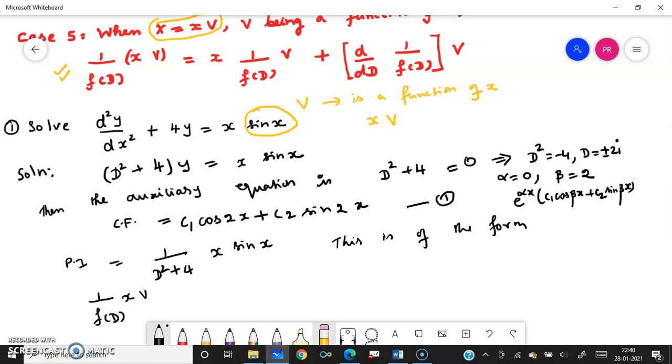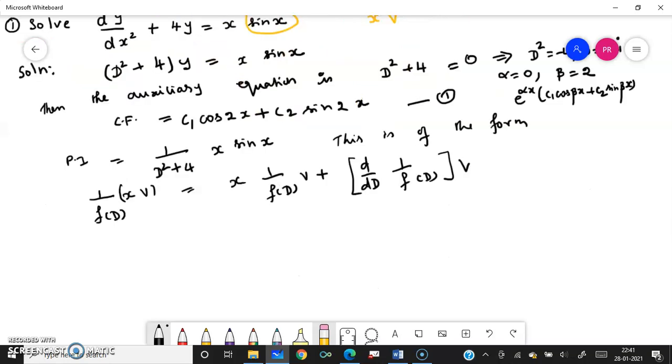What is v? V is my sin x. What is the formula I am supposed to use? X into 1 by f of D into v plus differentiation of 1 by f of D into v. This is the formula we are supposed to use. Very simple now, right?